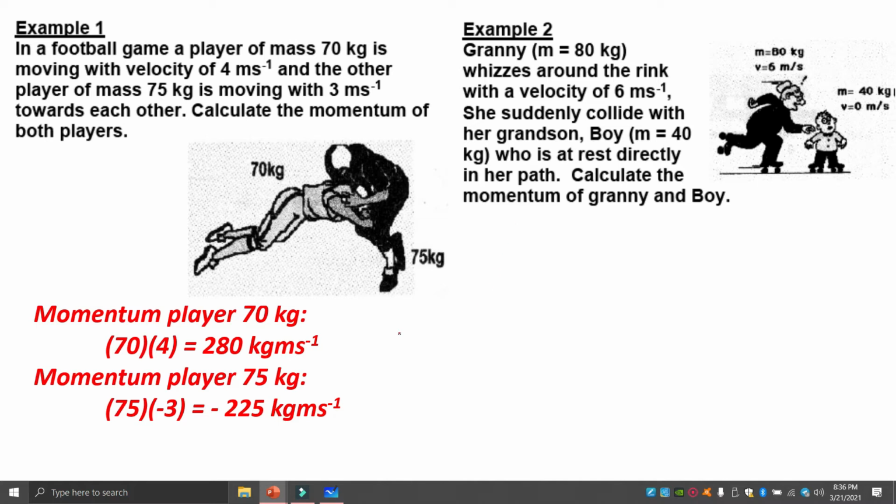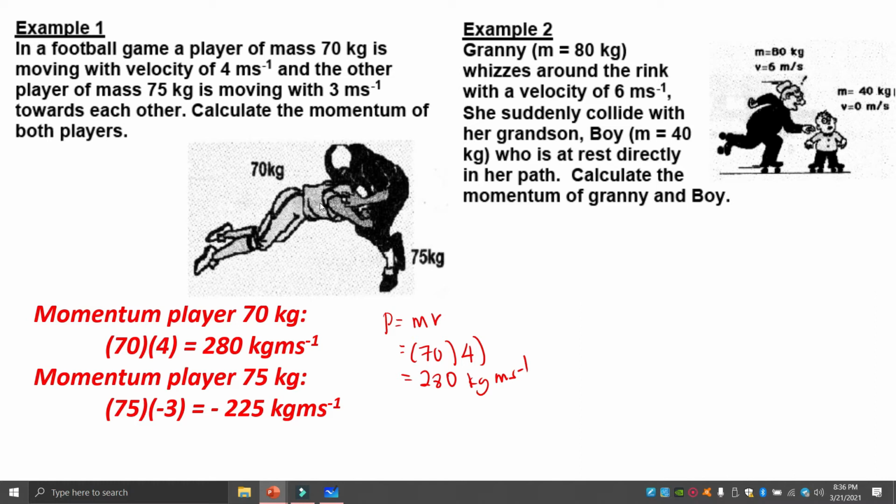For every calculation you do, you must put the formula first, then substitute. The mass is 70, the velocity is 4, so you will get 280, and the unit is kg m s^-1.